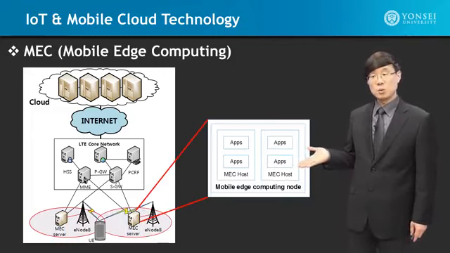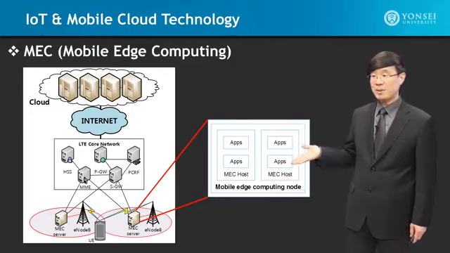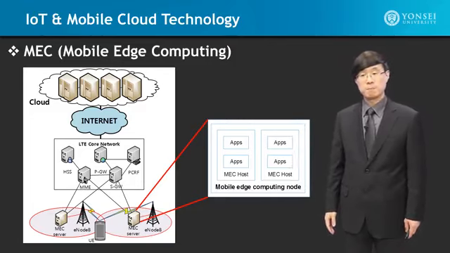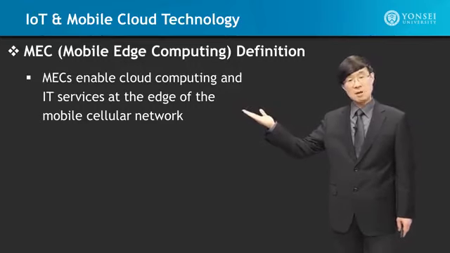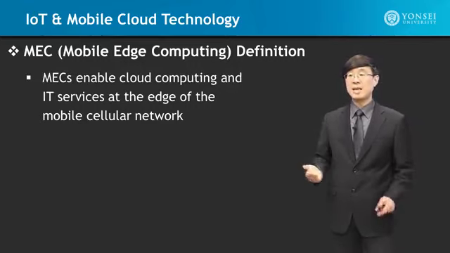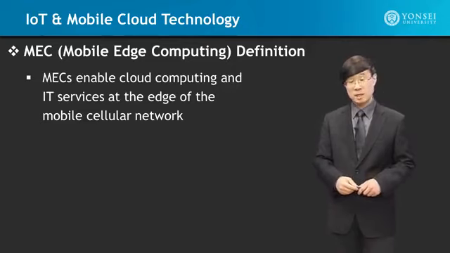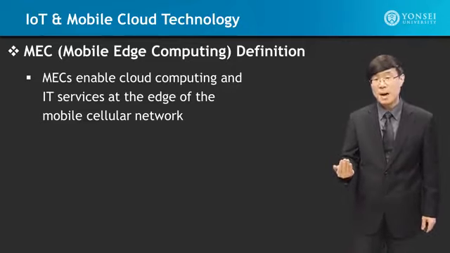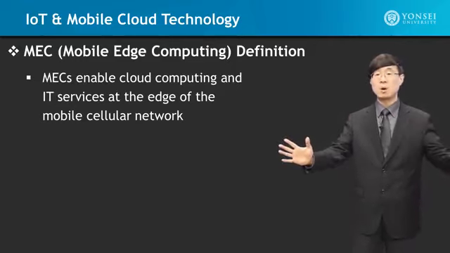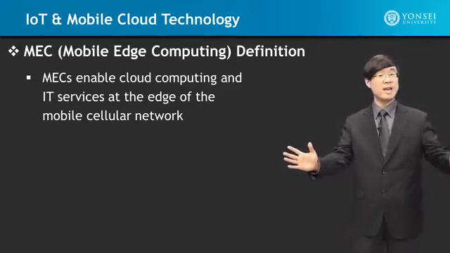What do the MEC do? Well, you have MEC hosts, once again, and they have application supports on them. The definition is that MEC enables cloud computing and IT services at the edge of the mobile cellular network. So once again, when we say MEC, we are thinking about a mobile communication network. Think of LTE and LTA.